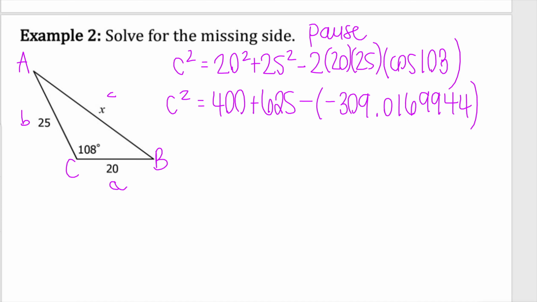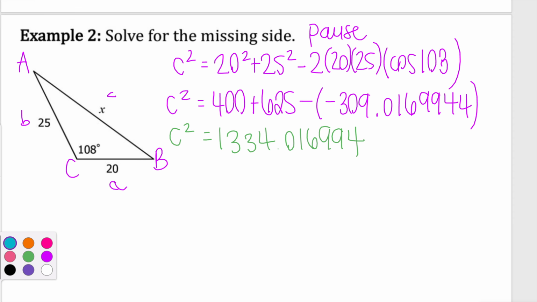To solve, I'm going to go from left to right. So 400 plus 625 minus my answer from before, which was negative 309, which ends up adding. I'm going to get a big number, 1,334.016994. And then to find my answer, I'm taking the square root of this big number.